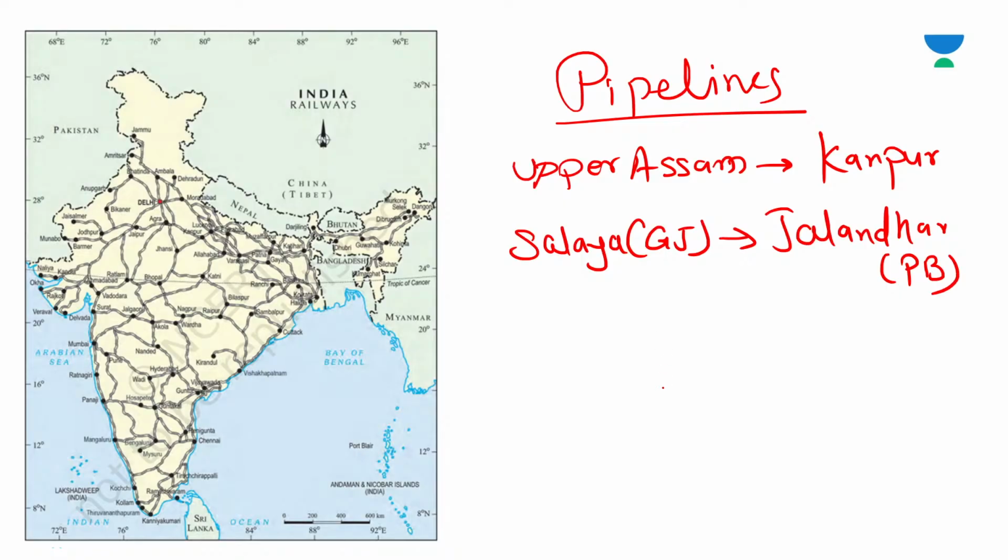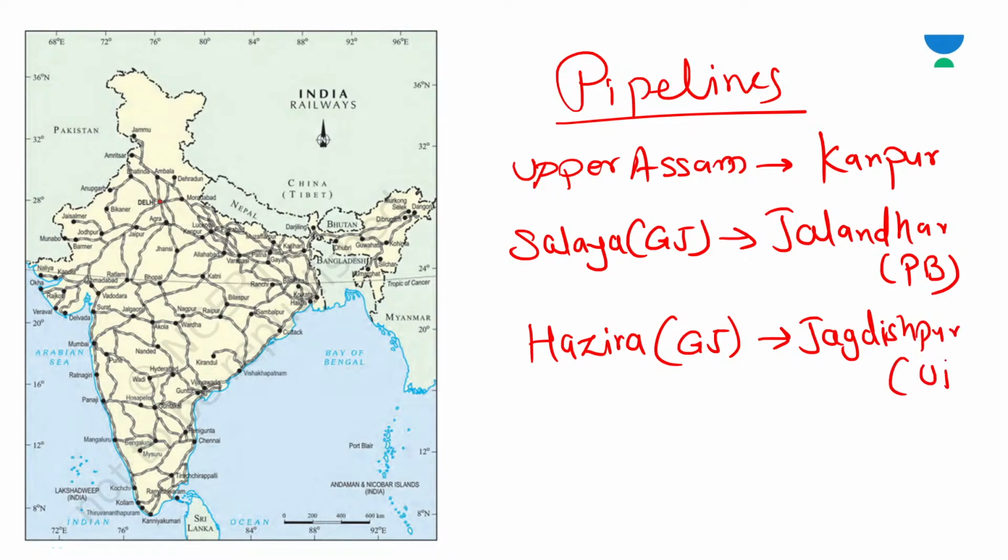So the gas pipeline from Hazira in Gujarat connects Jagdishpur in Uttar Pradesh via Vijaipur in Madhya Pradesh.